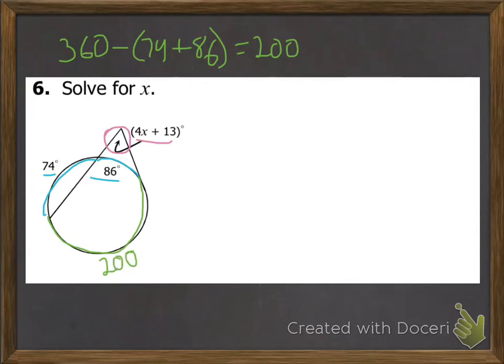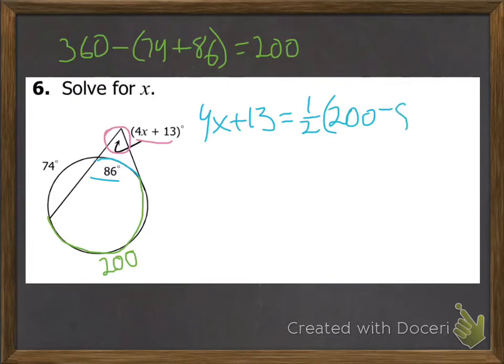So now we have the big arc and the little arc that we need to solve for x. So over here, I'm going to have 4x plus 13 equals 1/2. The bigger arc is 200, so we're going to have 200 minus the smaller arc, which is 86.